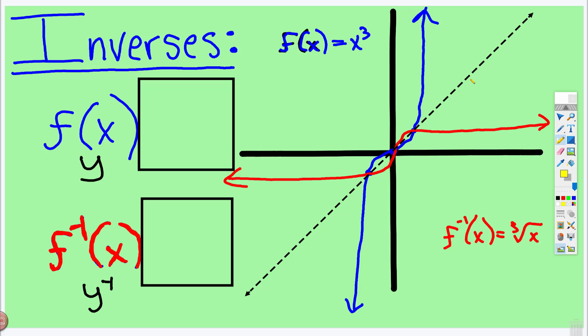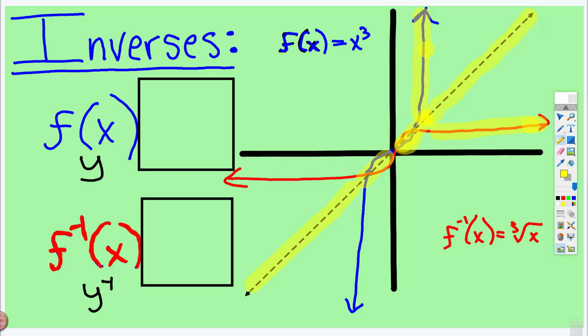You have this at a 45-degree angle running through the origin. You have this dotted line, this invisible line. We're going to pretend it's invisible. And then look at what happens. If I could draw it perfectly, if that were on a piece of paper and you fold it over, these would fold up on itself.